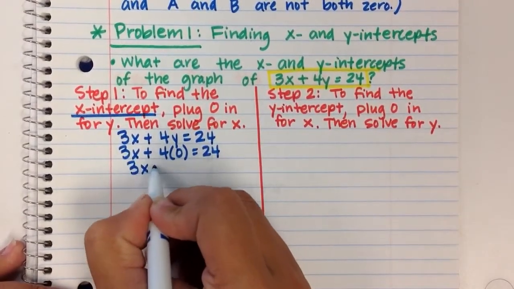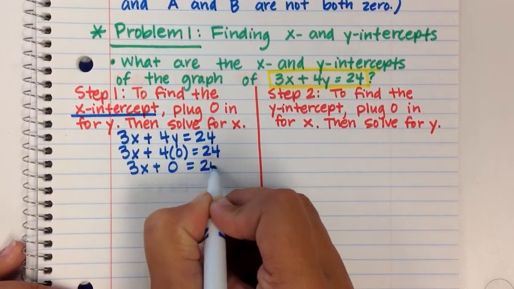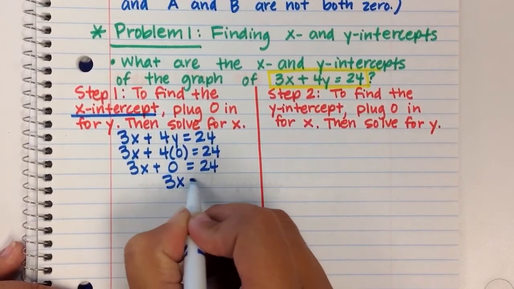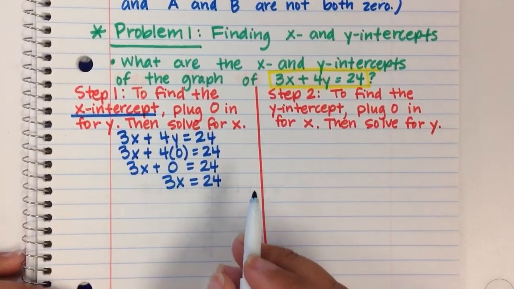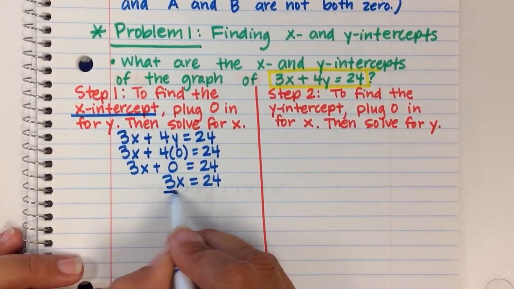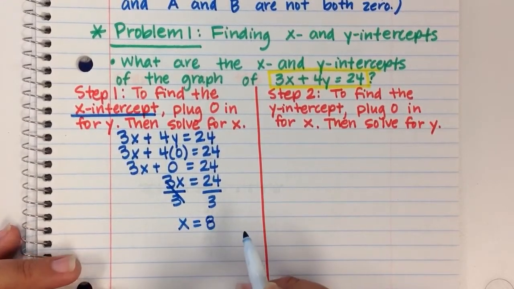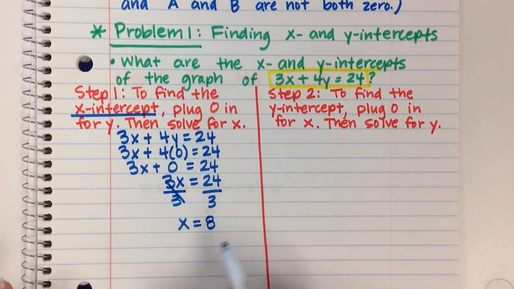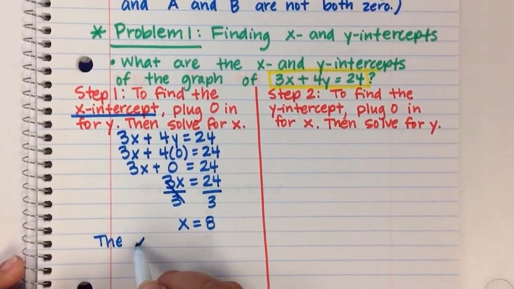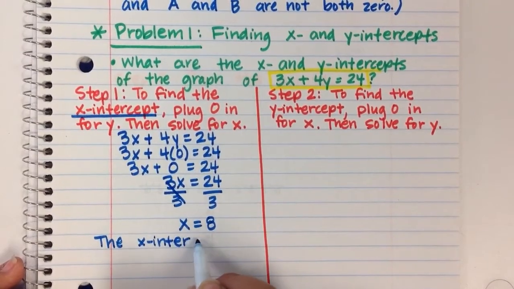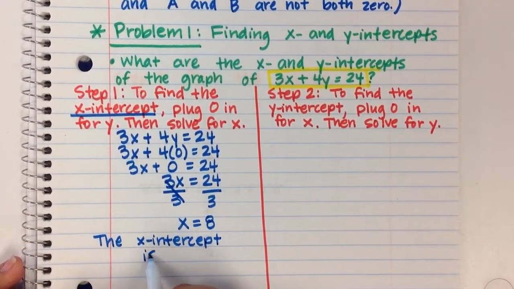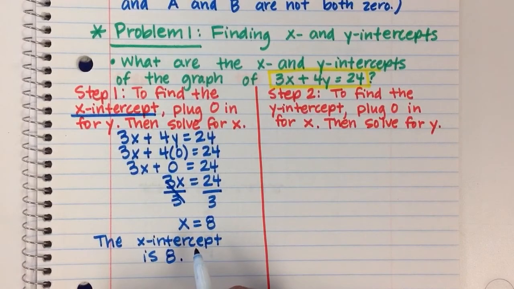We know that 4 times 0 is 0, and 3x plus 0 is 3x. So 3x is equal to 24. I'm going to divide by 3, and I have x is equal to 8. So the x-intercept is 8. That means this graph is going to cross the x-axis at 8.